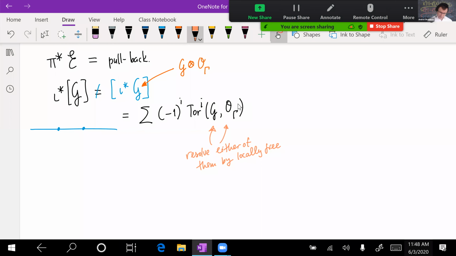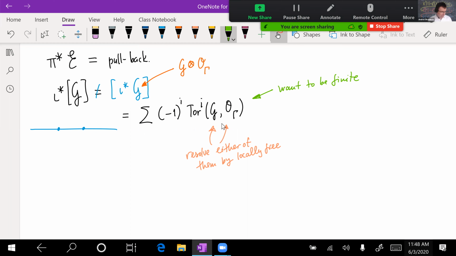And so the issue is, when is that sum finite? You have to make some assumptions so that it is well defined. We want this to be finite. For this, we have to make an assumption either about the map or about the sheaf.